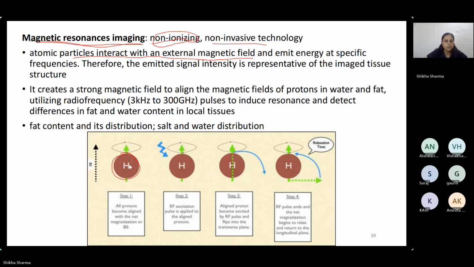When atomic particles are in the magnetic field, they will align as per the north and south pole of the magnet. And then after that, we will apply radio frequency.